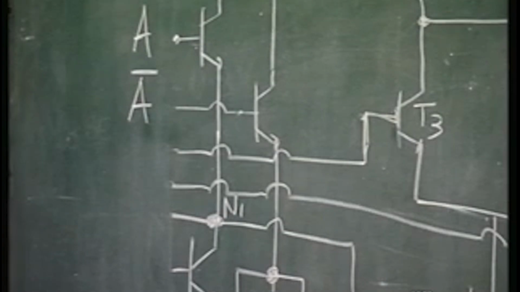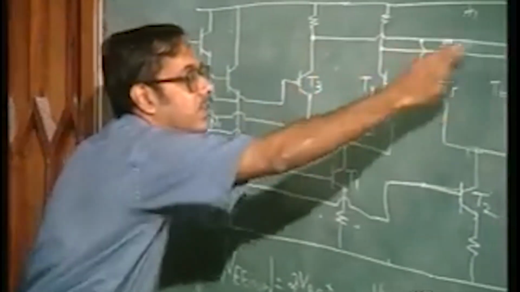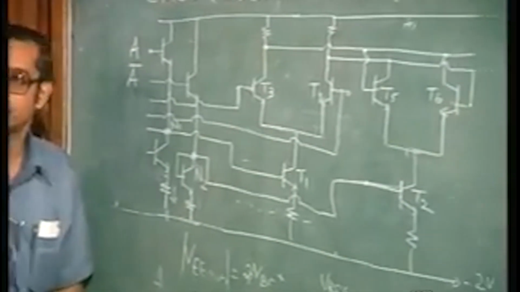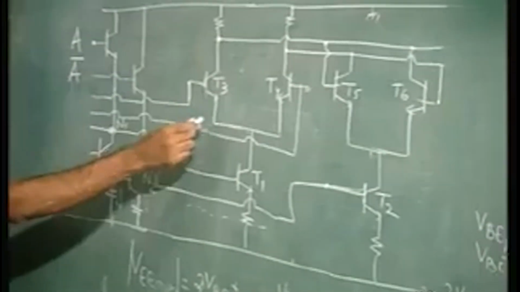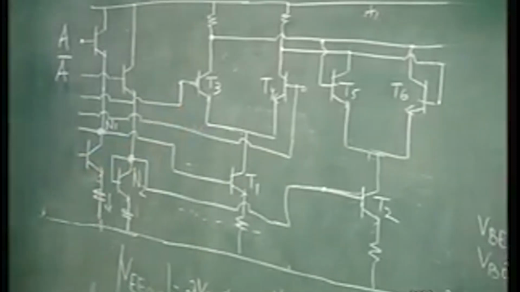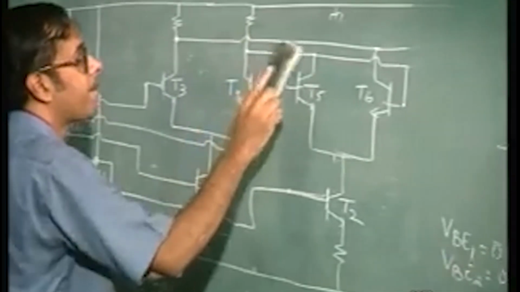So, if A is high, one of these nodes will go high, and A bar, the other node, is going to go high. So, if A is high, then this circuit is on, if A is low, then the other circuit is on. So, what you have to do here is put a reference voltage here.